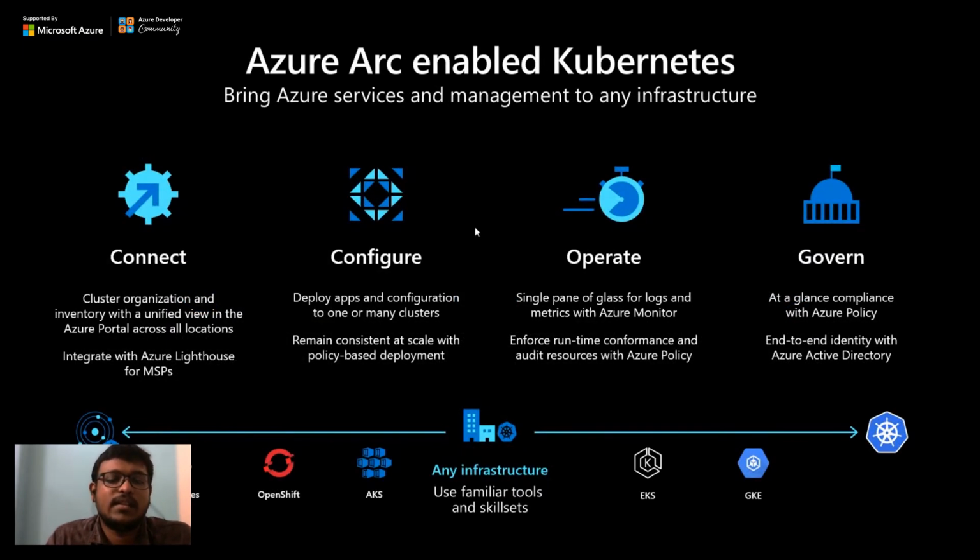So let's say you have a server, okay? It is a Kubernetes cluster, and you want to connect with Azure services. You could use onboard services like Kubernetes, OpenShift, AKS, all these things. You can connect with Azure Arc directly. You can configure them. You can operate them with ease, without any extra work.